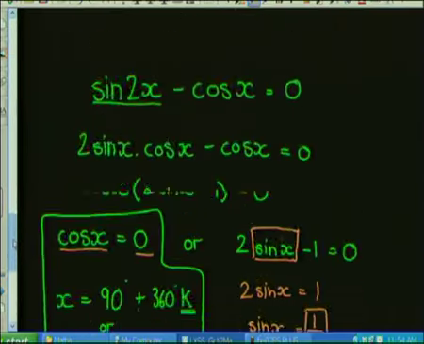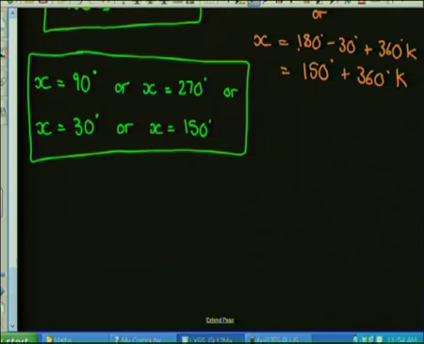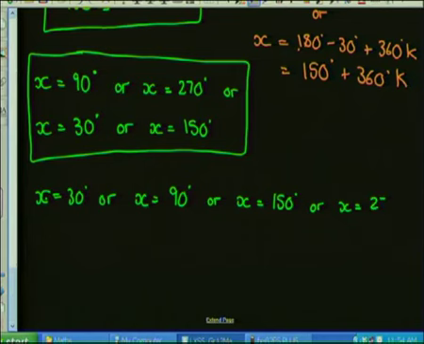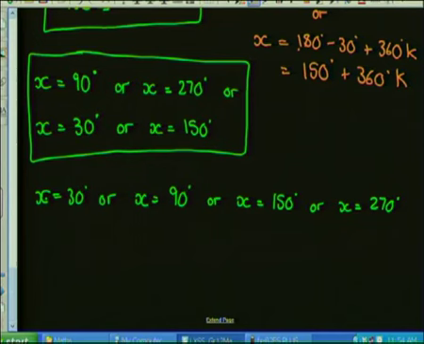And I like to give these in order, so I would finish the question off by writing x is equal to 30 degrees, or x is equal to 90 degrees, or x is equal to 150 degrees, or x is equal to 270 degrees. By no means do you have to do that. It's out of habit that I do, and that would be your final answer for this question.